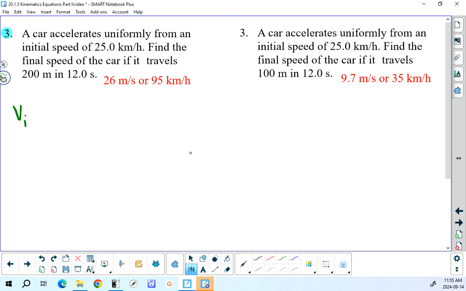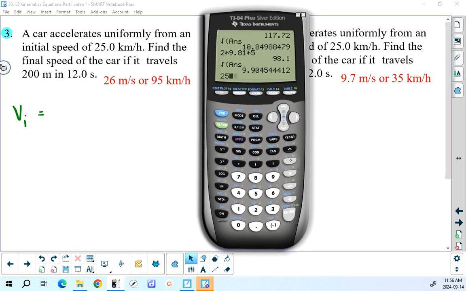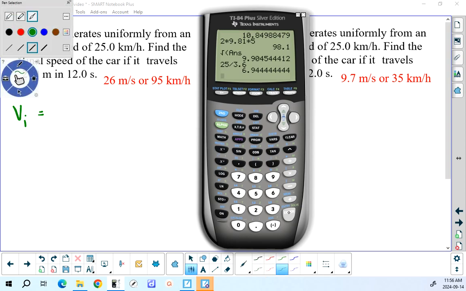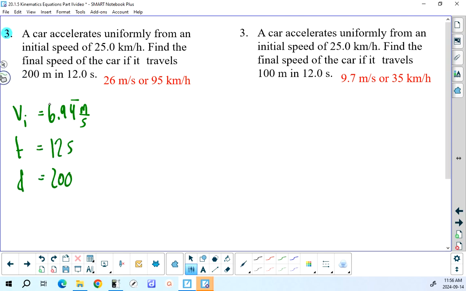We know VI is whatever 25 kilometers per hour in meters per second is. 6.94, repeating. The time is 12 seconds, and the distance is 200 meters. We're trying to find VF.